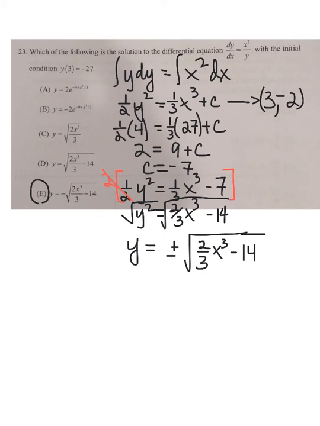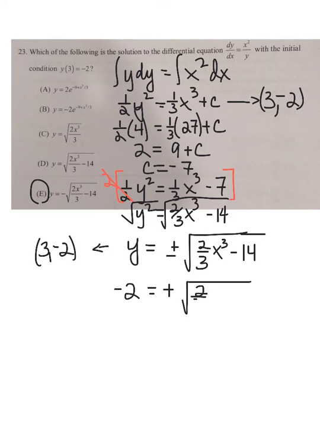So what you have to do to make sure which answer it is, whether it's positive, negative, or both, is plug in that point they gave you originally, which was (3, -2). It's sort of like a check. If I put in a -2 here, that's the y value, and let's say I'm looking at the positive square root. Let's see if this works.